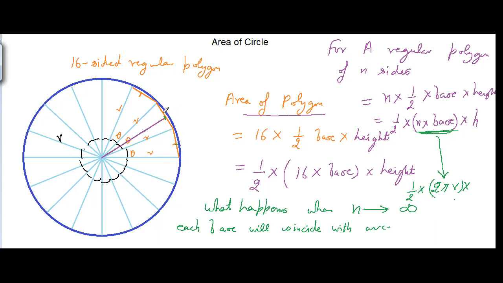But as this red side goes closer to the blue arc of the circle, the height will approach the radius, height will become radius. Sir, yes. So the area of the polygon becomes the area of the circle, which is equal to pi r square.